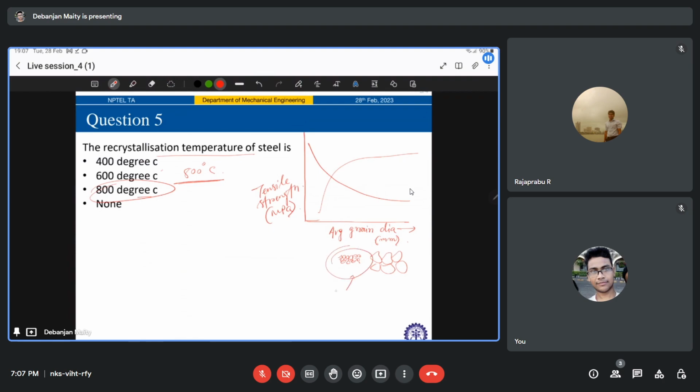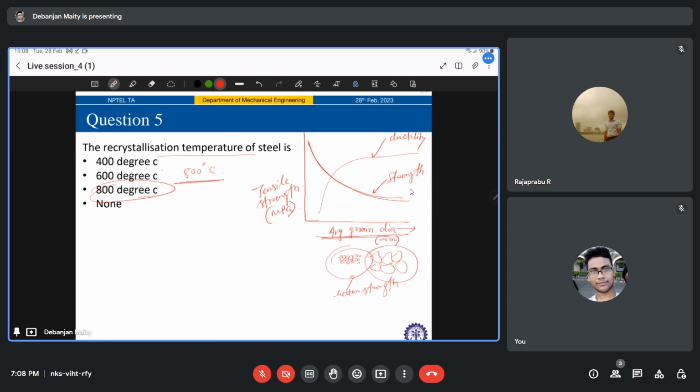The finer one, of course, right? So with increase in average grain diameter, your strength is getting reduced. And as your strength is getting reduced, strength and ductility are always vice versa in nature. Correct?